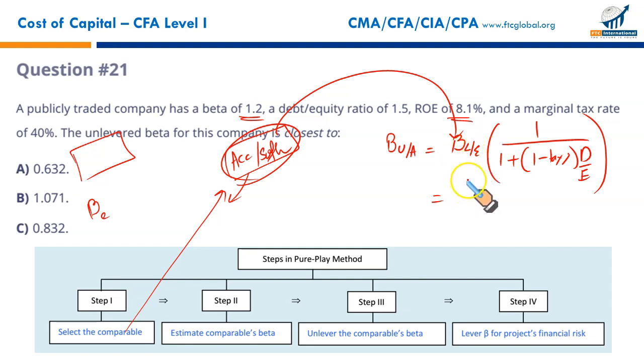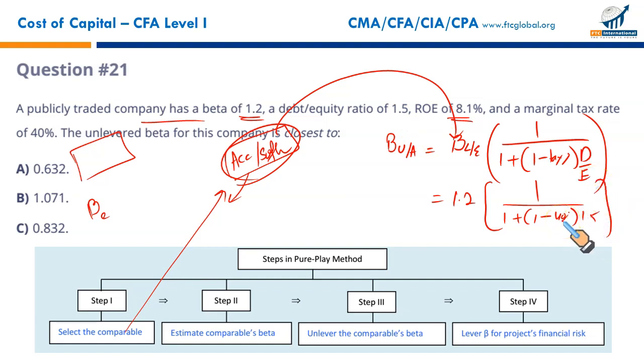So beta is given 1.2, the levered beta for this software development company that we have selected, comparable beta. 1 upon 1 plus (1 minus tax rate), which has been given as 40%. Debt to equity of this company has been given as 1.5.